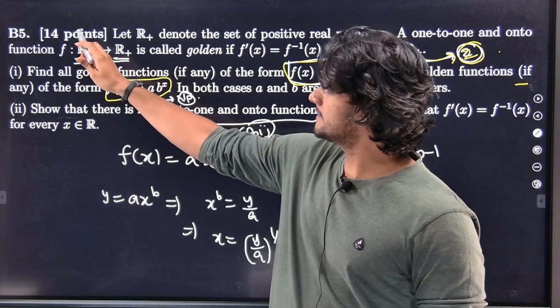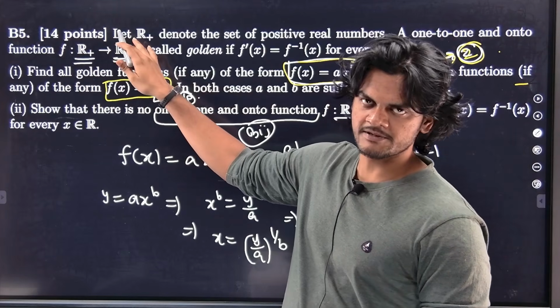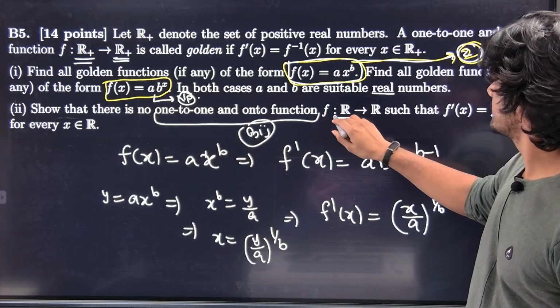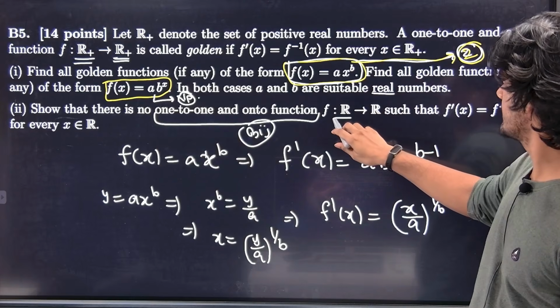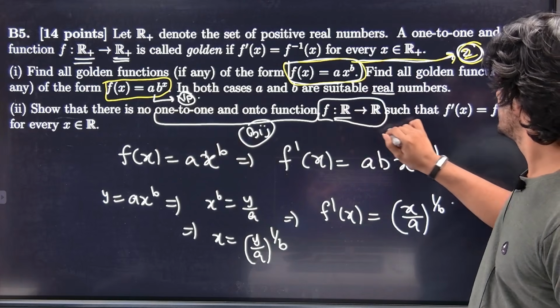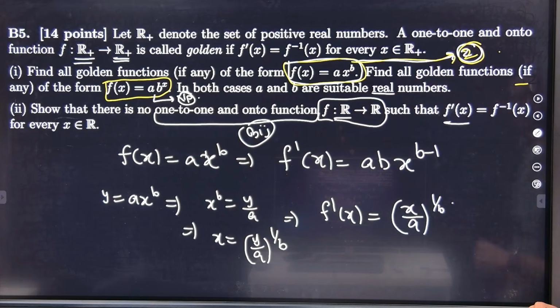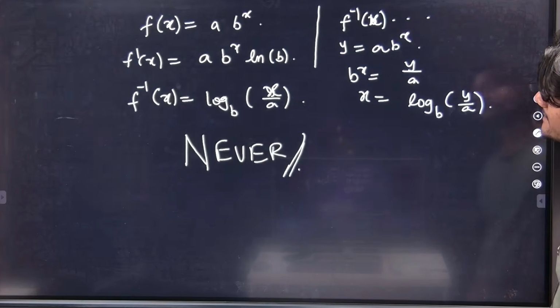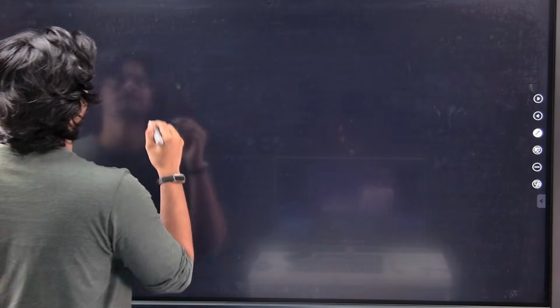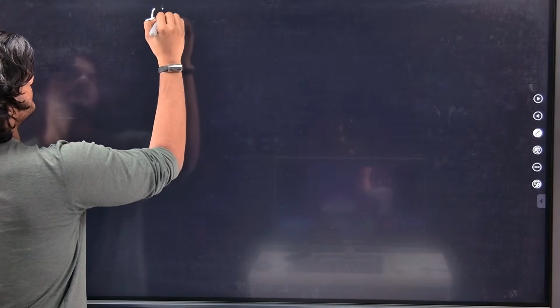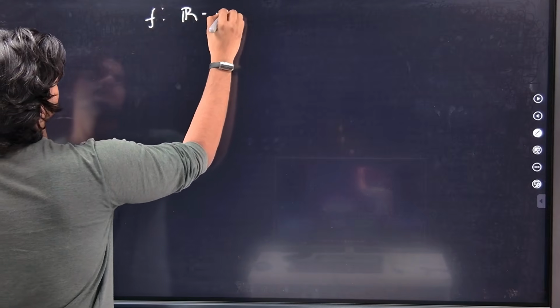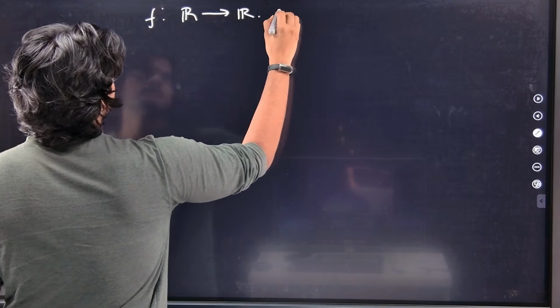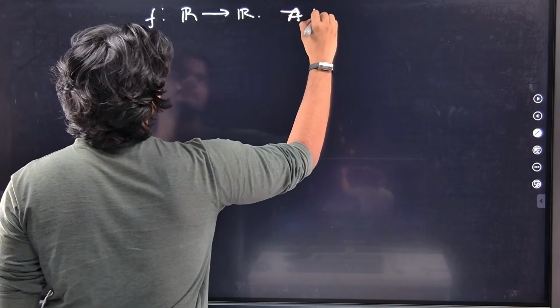Initially it was given R plus to R plus, but here we are given R to R such that f dash of x equals f inverse of x. So f is never a golden function if it is a bijective function from R to R. That is what is to be proved. Given f from R to R, a bijective function.